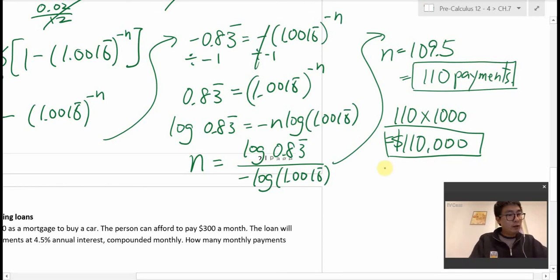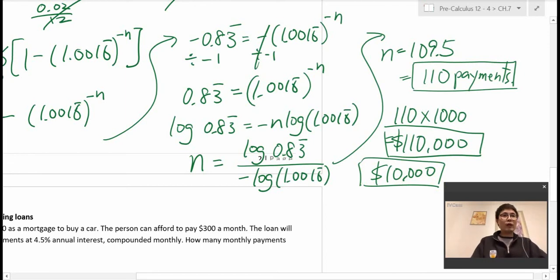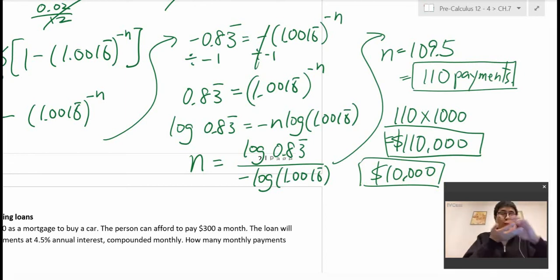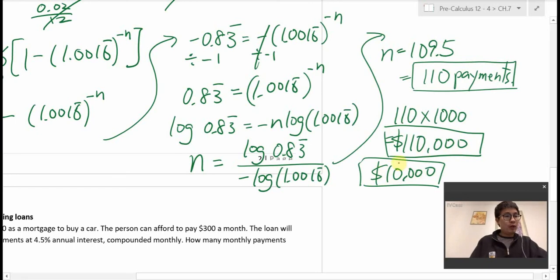So $10,000 would be your interest. That's how much money you pay extra on top of your mortgage. Hopefully that makes sense to you, right? Because you borrow $100,000, so you can use that, but you just need to pay $10,000 more as the interest.